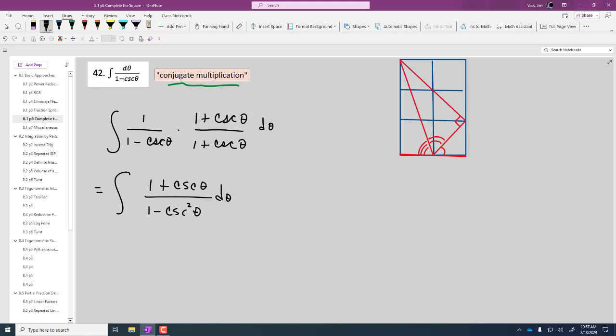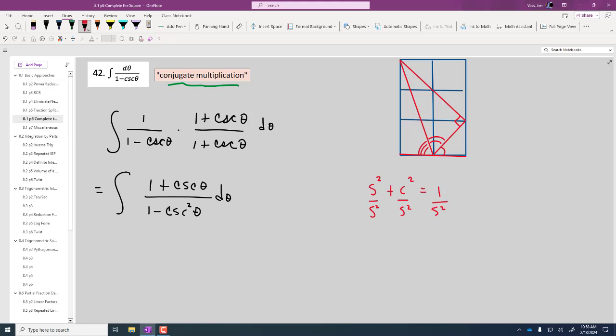If you cannot remember your identities, always go to the basic one, sine squared plus cosine squared is 1, and you can algebraically figure out the other two by dividing by sine squared or cosine squared. Here, we want a cosecant squared, and 1 divided by sine squared is cosecant squared. So if we divide this all by sine squared, this will generate the identity we want.